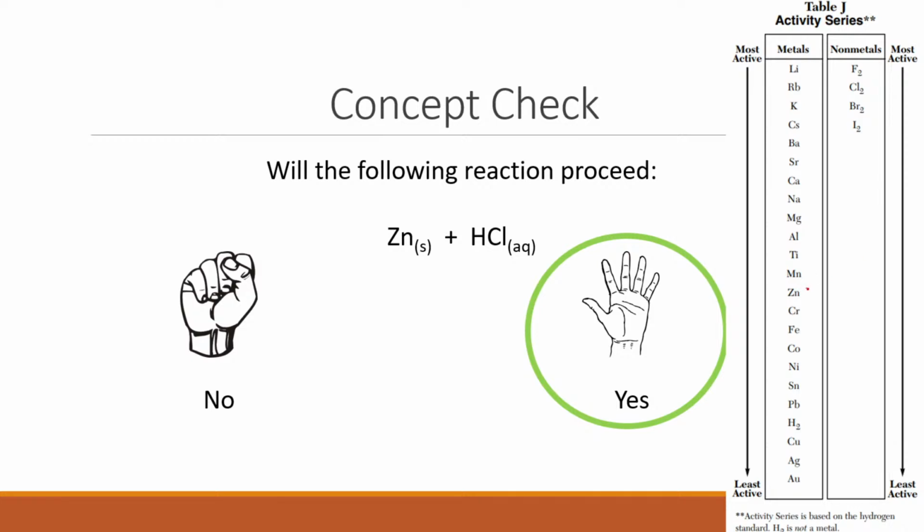If we look at our two elements, we've got zinc and hydrogen. Zinc is higher than hydrogen. Zinc is able to replace hydrogen. So this will happen, and we will get the other half of the reaction, which would say H2 and ZnCl2. Zinc is stronger. Zinc is higher up on the table than hydrogen is, and so zinc will replace hydrogen.